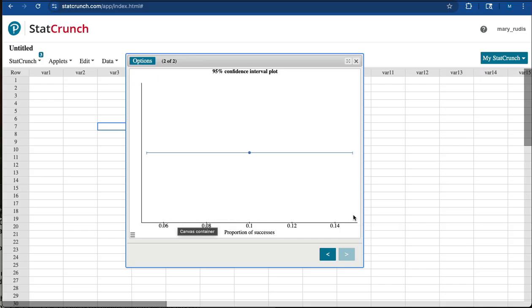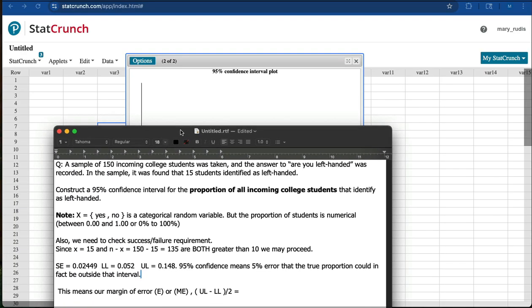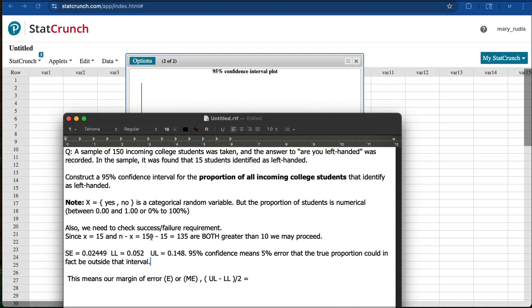So at least we can be 95% certain that the true proportion is below 15%, but higher than 5.2%.